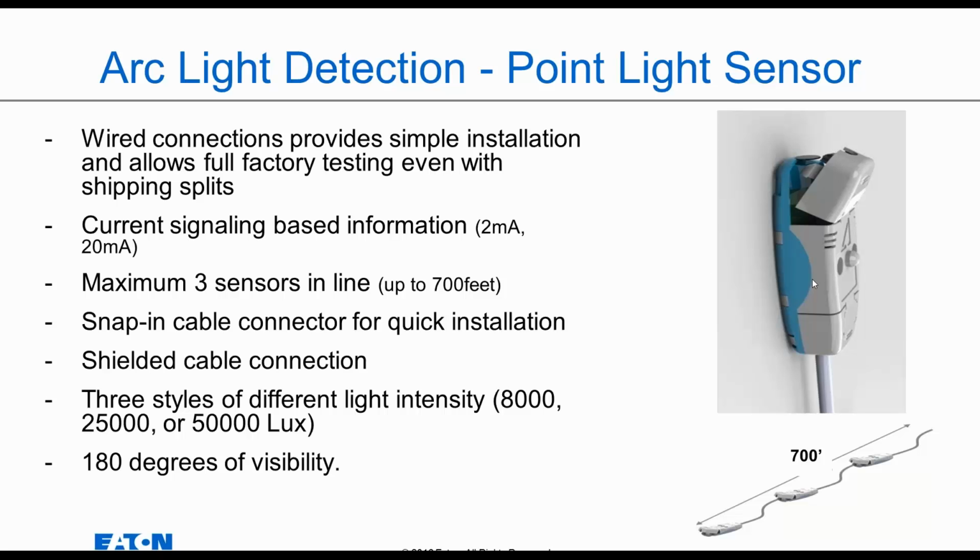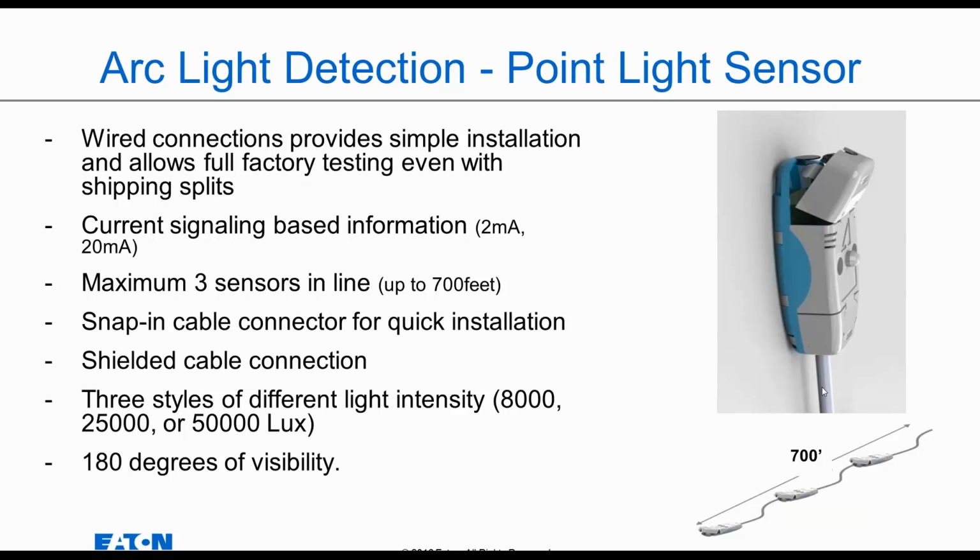This is a point sensor, and right here is the sensor on the top of the module. In this particular relay, you can link 3 of these up on one channel, and there are many channels in the relay. The nice thing is it's current signaling based, so it's noise immune.